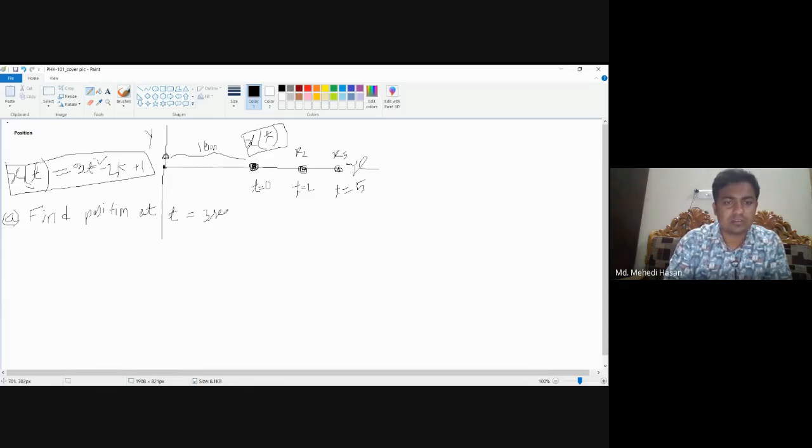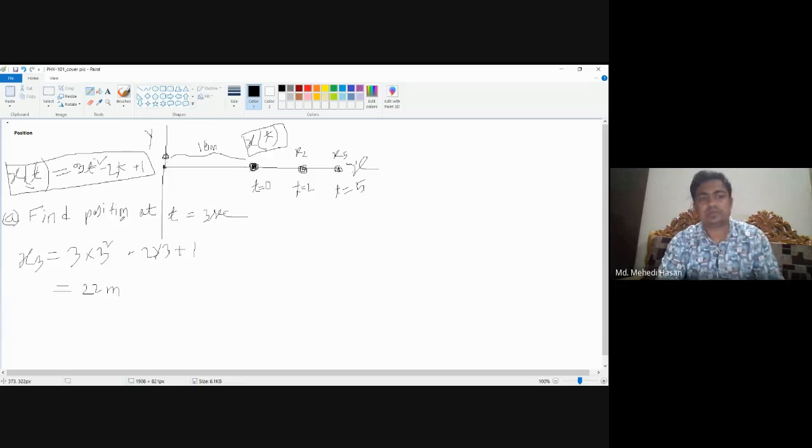If we put the value of t here, then we can easily find the position. x(3) will be 3 into 3 squared minus 2 into 3 plus 1. From this, 27 minus 6 is 21, plus 1, so 22 meters. So 22 meters is the position of that object at t equal to 3 seconds.